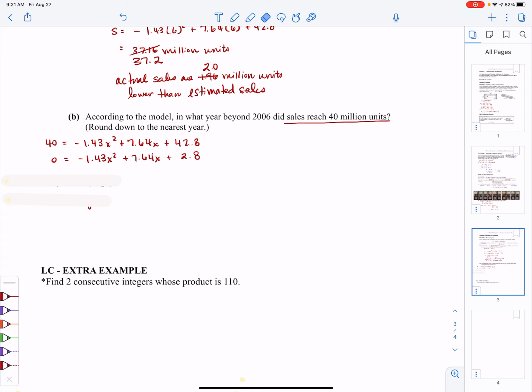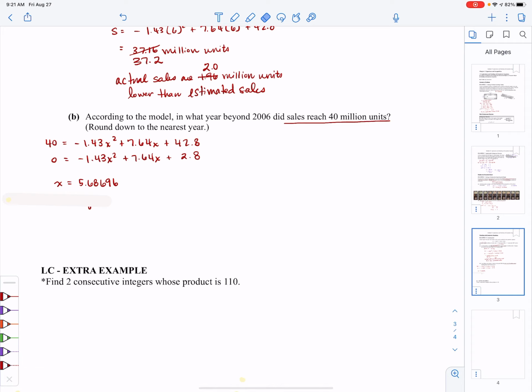And then what I did was I used my calculator much the same way that we did on the previous question with a projectile. And I found that I had an X value of, and again, remember an X value is years, 5.68696. Now, be careful to read the directions here.